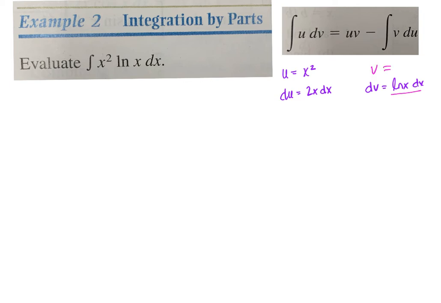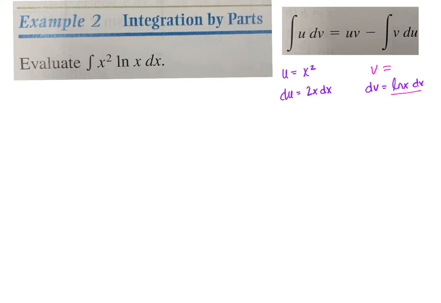What is the antiderivative of ln of x? Yeah, we don't have one. We don't have an antiderivative of ln of x at this point. Right? I mean, look at all your shortcuts. You can flip back. Look at page 484.